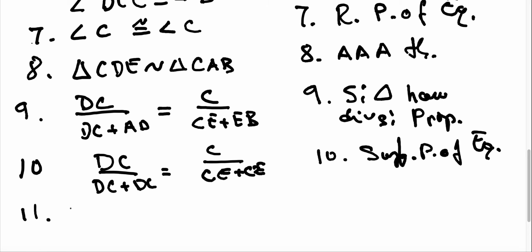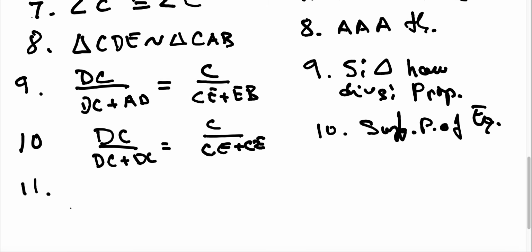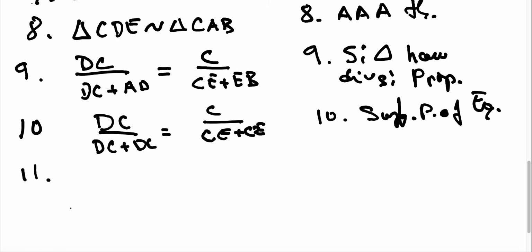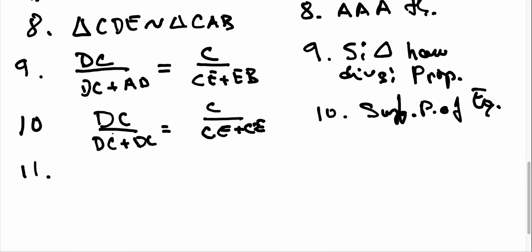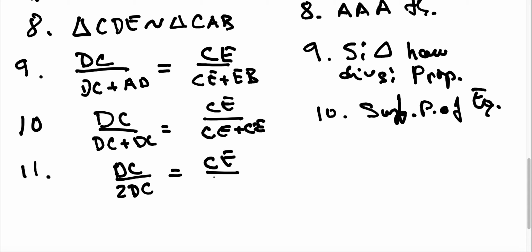Number 11. If we are adding DC plus DC, we can write DC over 2DC, because DC plus DC is 2DC, is equal to, I'm sorry, I forgot to write here, CE divided by 2CE.